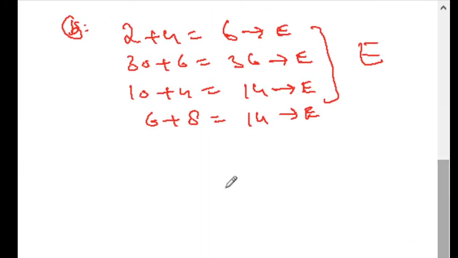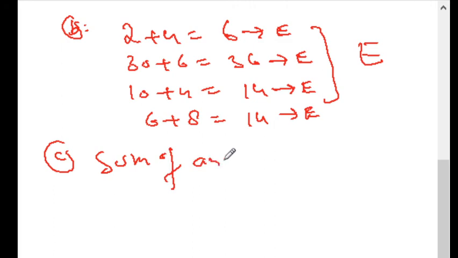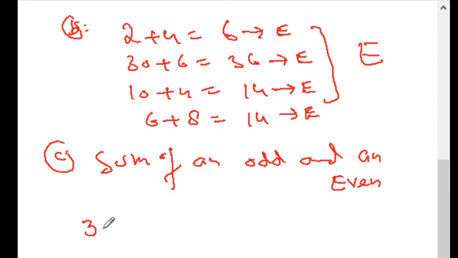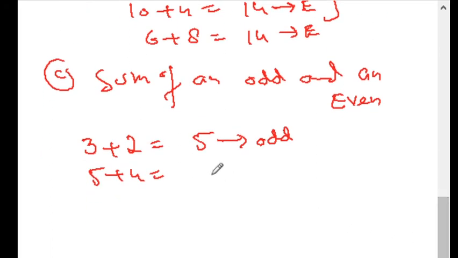Now part C, the sum of an odd and an even number. I'm giving an example. This is 3, 3 is odd and 2 is even. The result is 5, which is odd. 5 plus 4: 5 is odd and 4 is even.